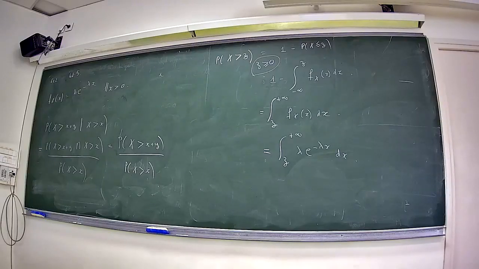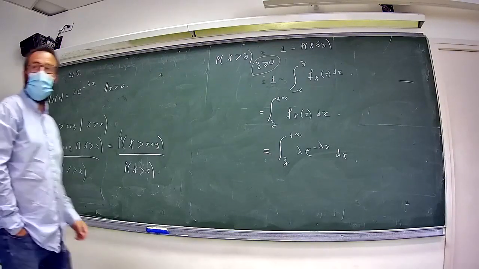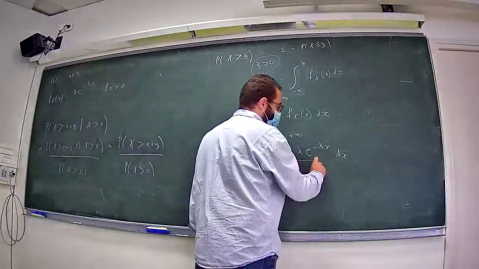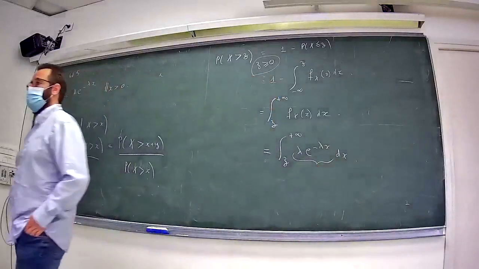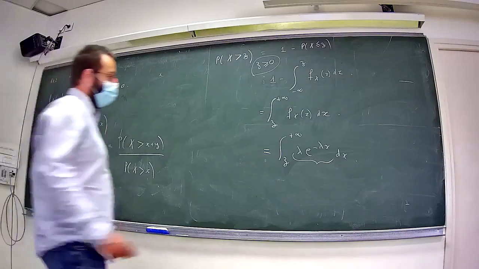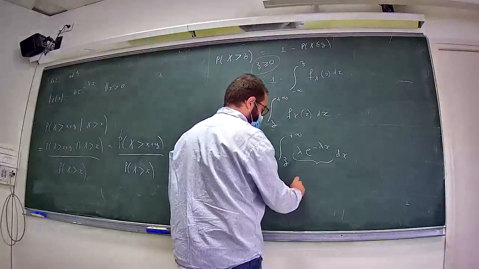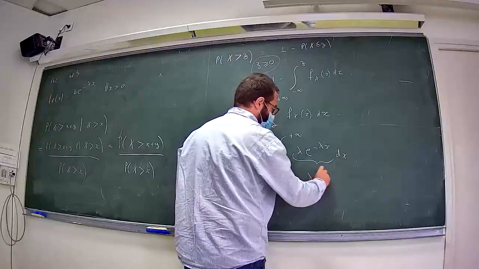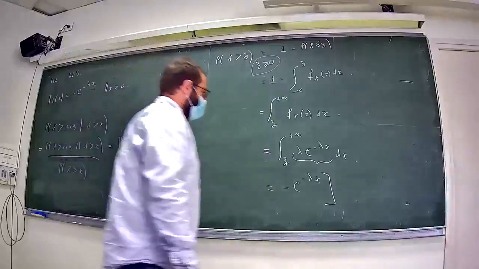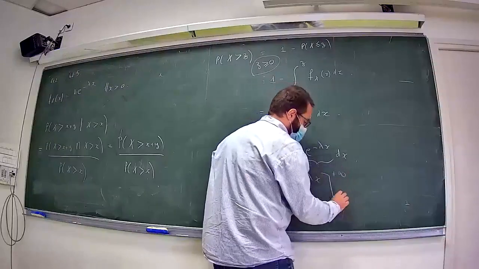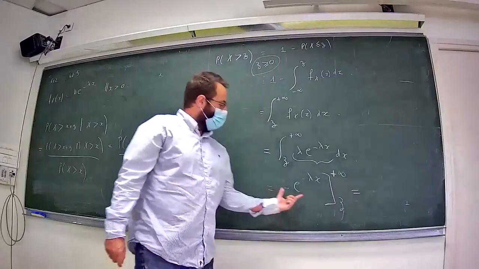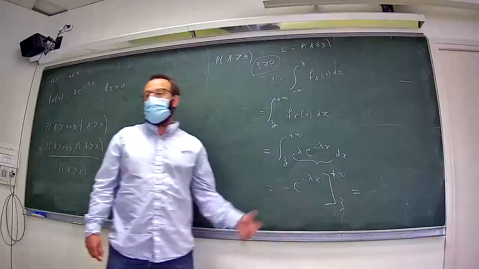And now to compute this, it's the easy case where I have a primitive for what I have inside. What is a primitive for this one? Minus exponential minus lambda x. So I just have to take the primitive, that is minus exponential minus lambda x, using the notation of my little document concerning integrals in the course, between plus infinity and z here. So what is the limit of this one when x goes to plus infinity?